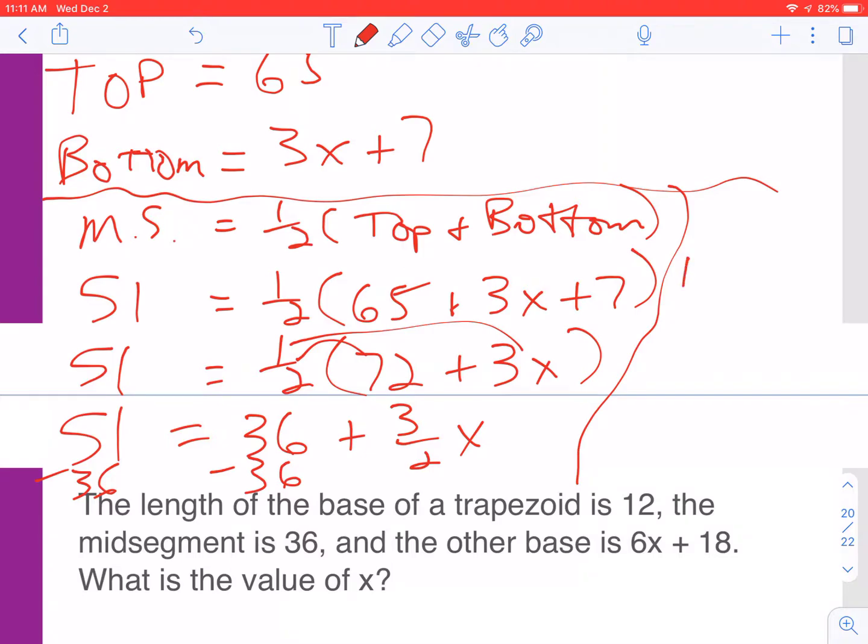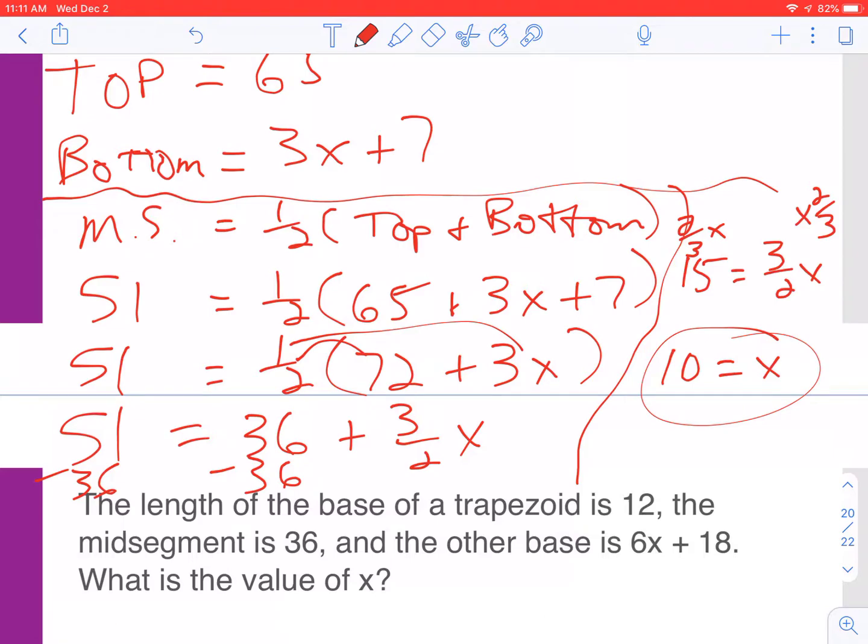So I get 15 equals 3/2 x. To get rid of the 3/2, I'm going to multiply by 2/3. I'm not going to give you a problem with all these fractions, but this is just showing you how to do it. 2/3 times 15 is 10. So I did 15 times 2 is 30. 30 divided by 3 is 10.